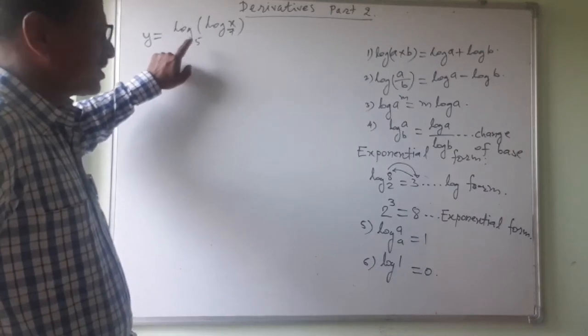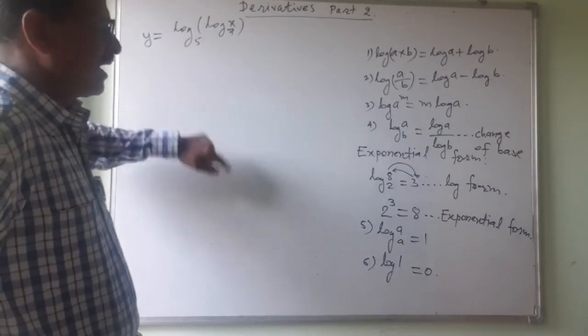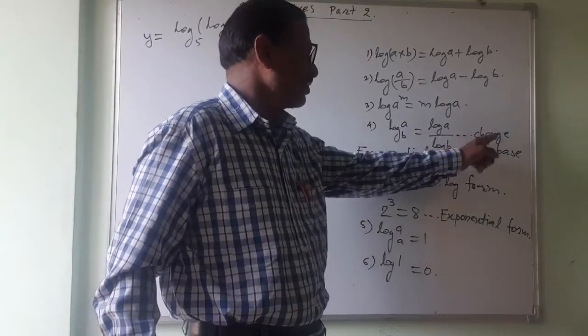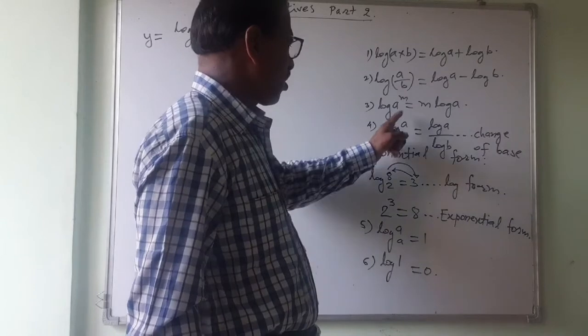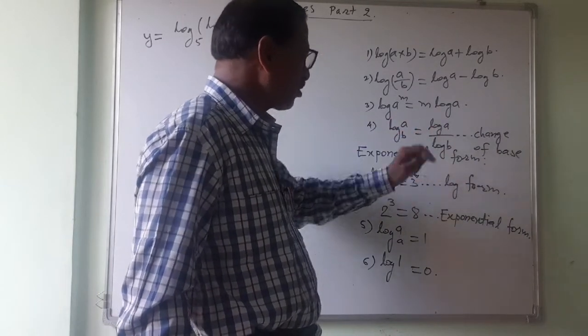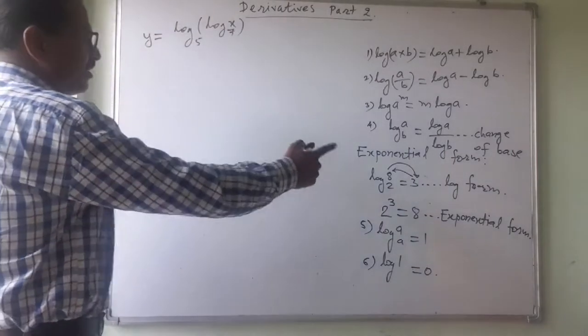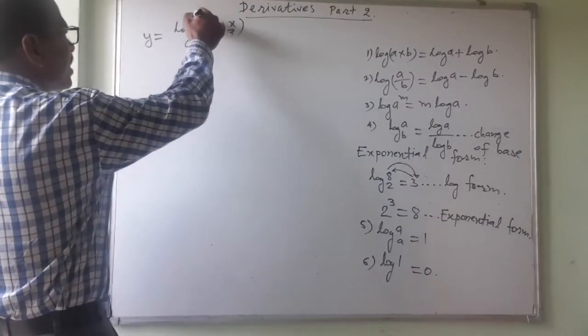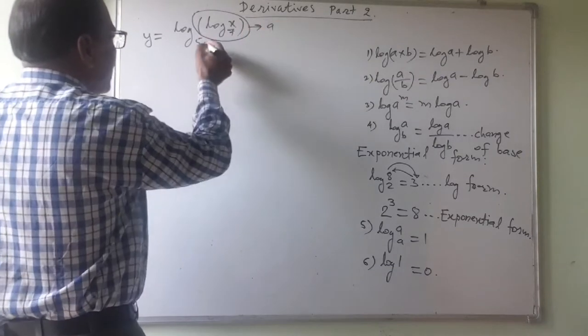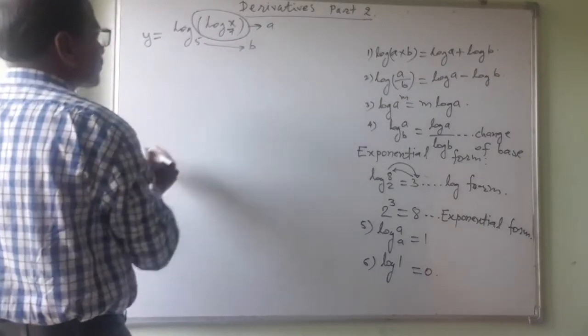If I want to change the base to e, then I have to go to formula number 4, change of base. Log of a to the base b is equal to log a upon log b. Now in this place, this is your a, and this is your b.